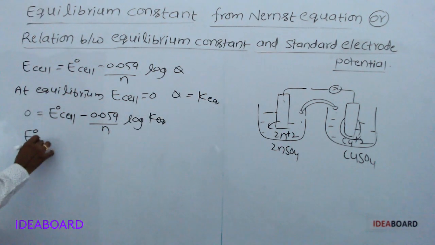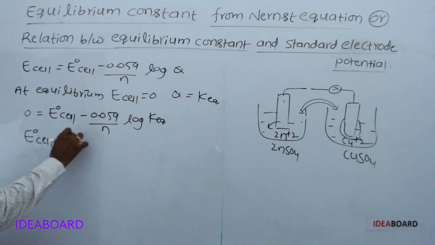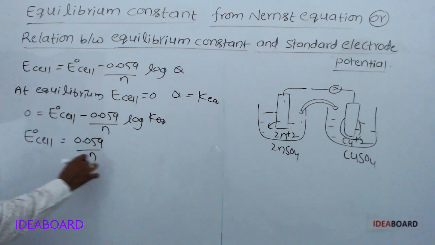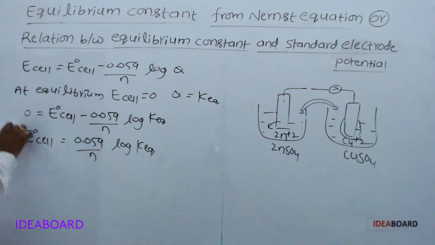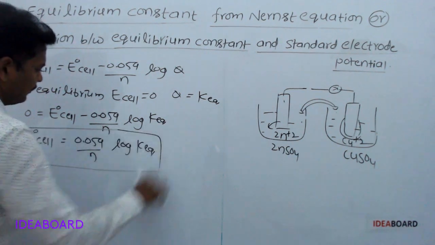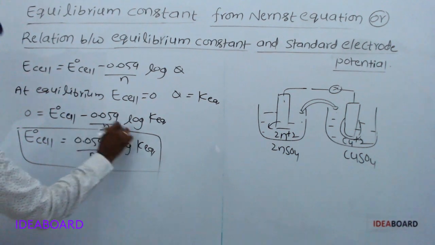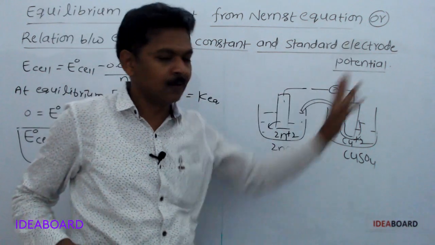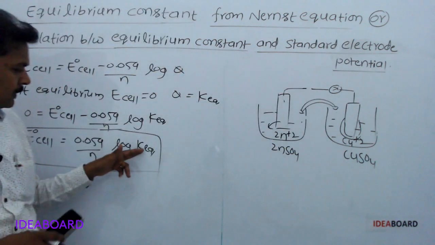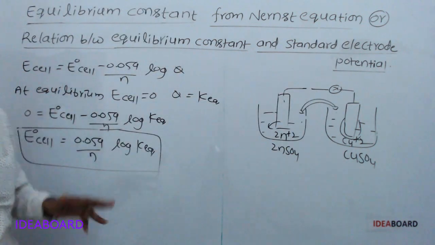E naught cell is equal to 0.059 by n log K. Here this E naught cell is standard electrode potential. This K is equilibrium constant.